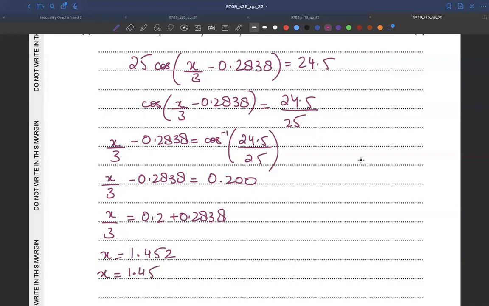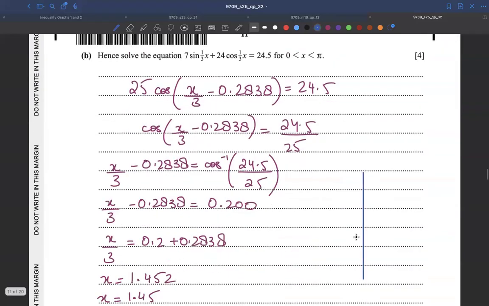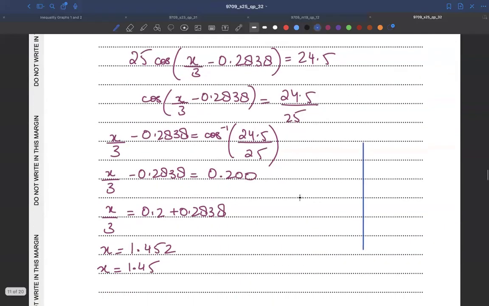Now, what we also know is that cos is positive in the first and the fourth quadrant, and this is x upon 3. So we mark 0.2 over here and 0.2 over here.